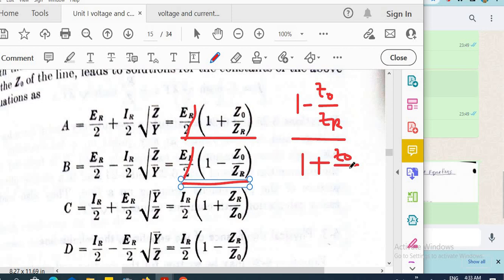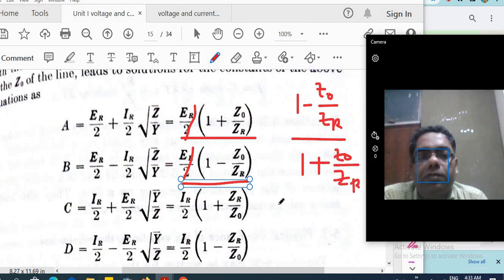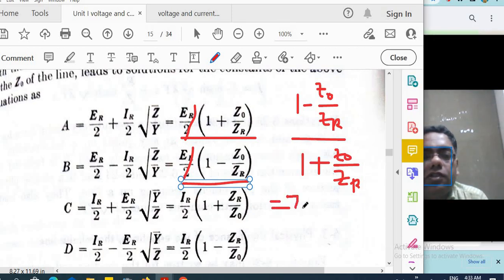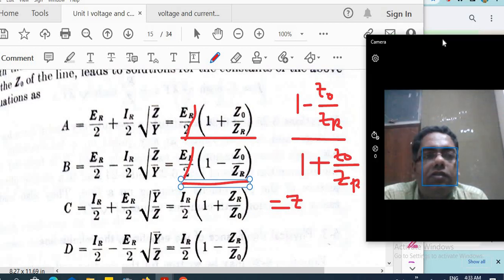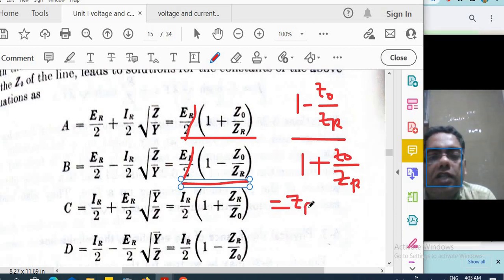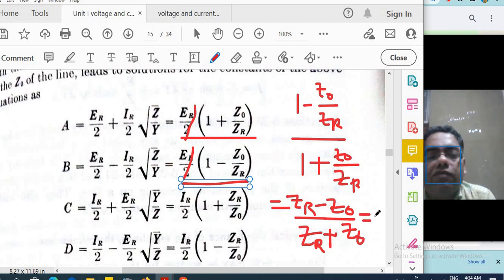So we get ZR minus Z0 divided by ZR plus Z0. This is the expression for the reflection coefficient at the load end.